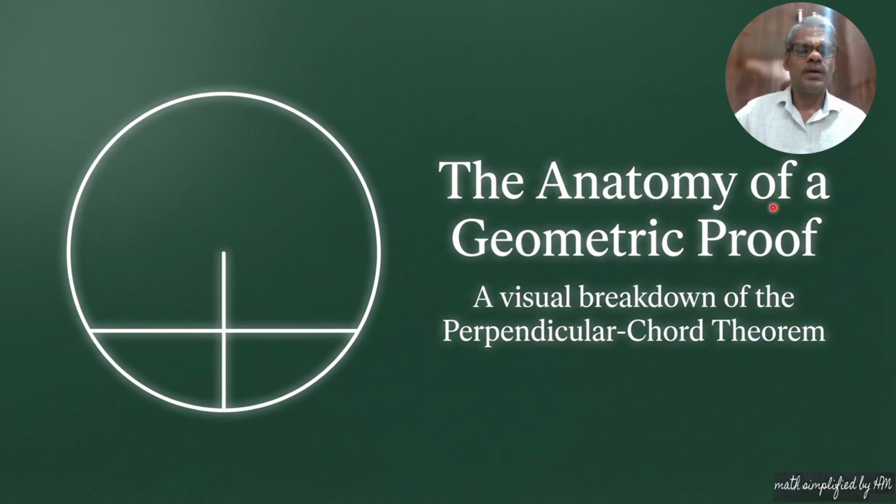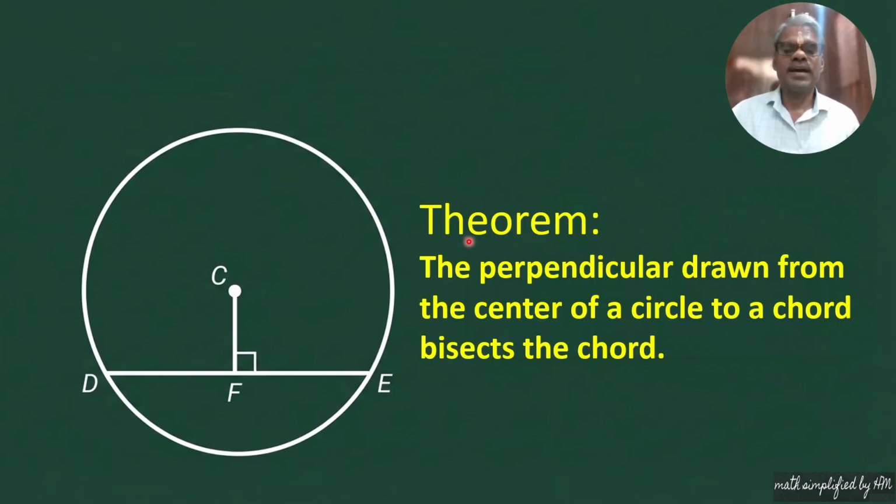The anatomy of a geometric proof: a visual breakdown of the perpendicular chord theorem. Read the theorem carefully. The perpendicular drawn from the center of a circle to a chord bisects the chord.